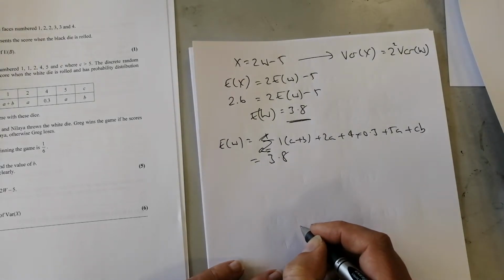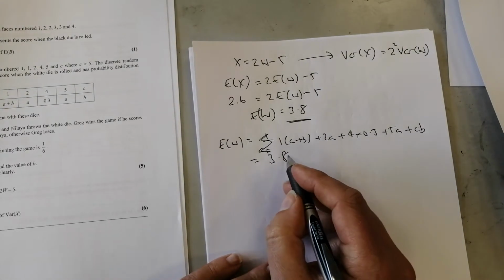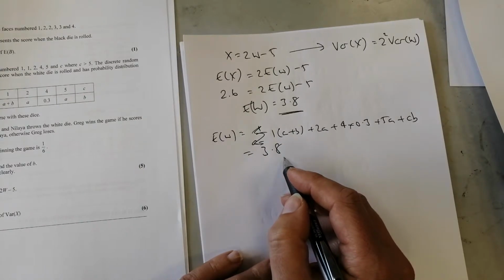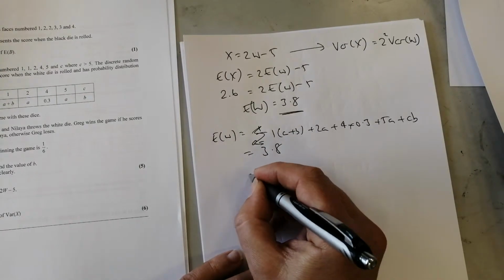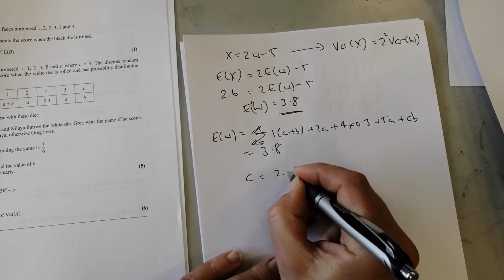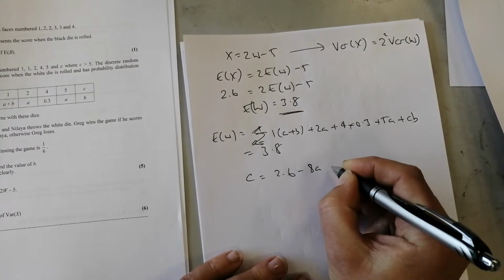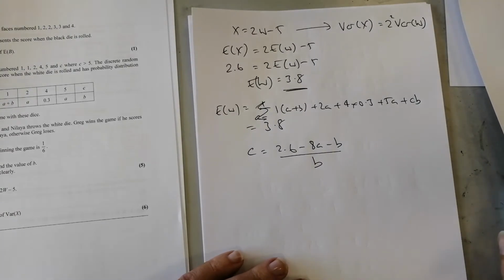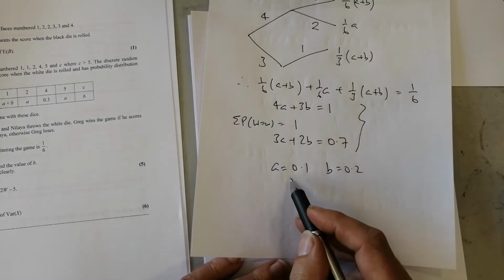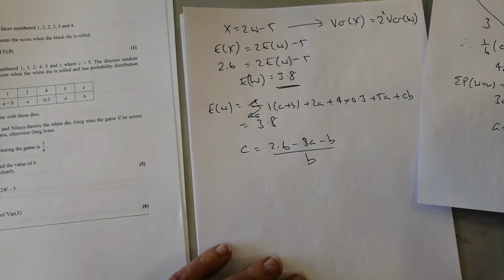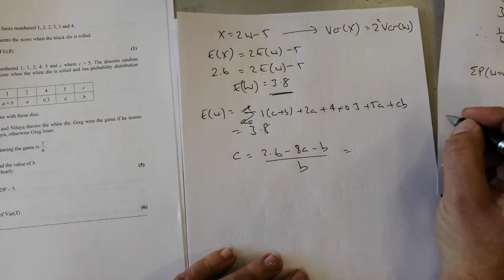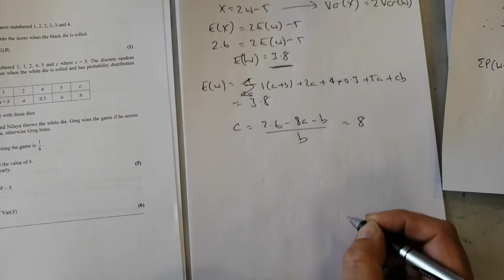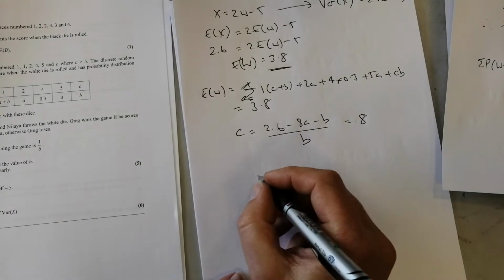So we can rearrange all of that and we can work out that c is equal to (2.6 minus 8a minus b) divided by b. But we've already worked out in the previous part what a and b are. So if we substitute those values in, we get that c is equal to 8.